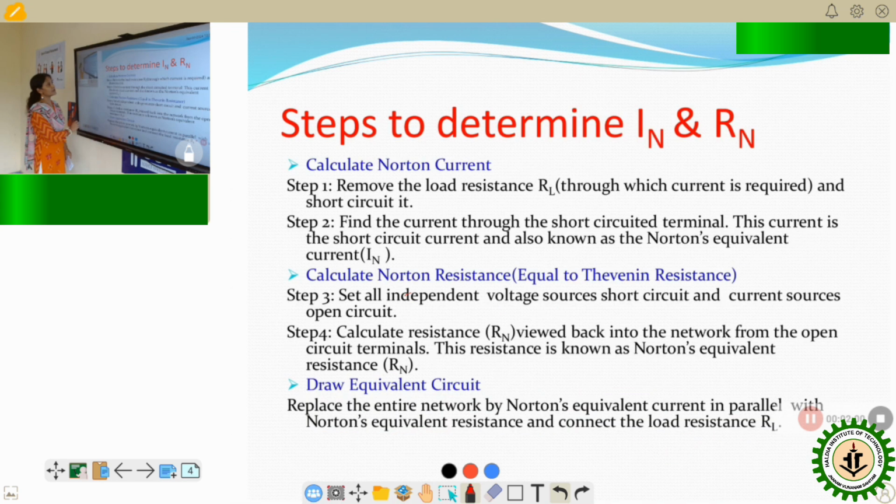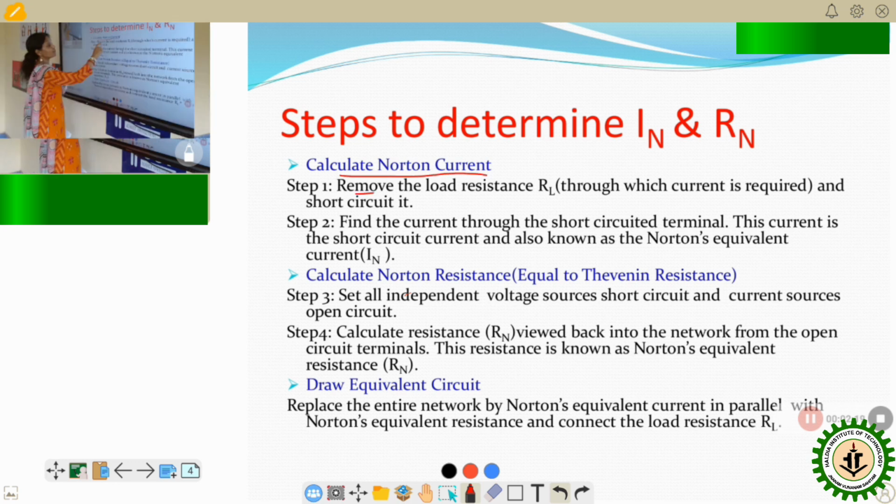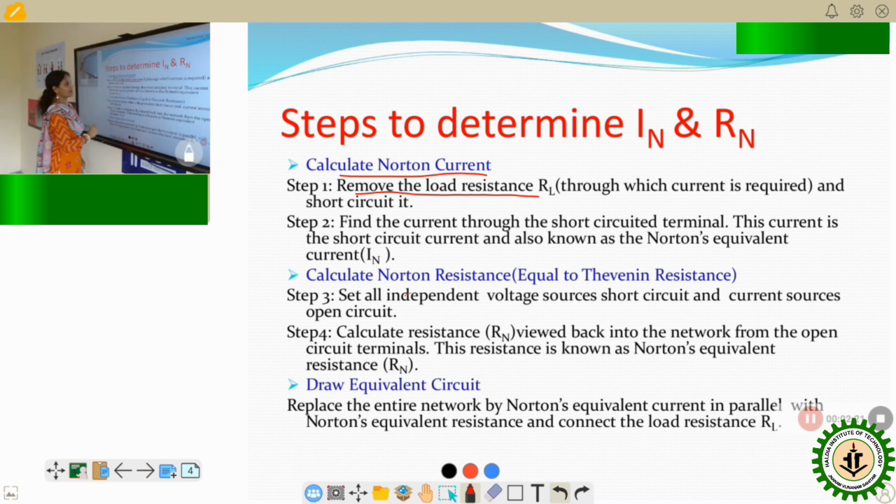Next, the steps. What are the steps for calculating IN, the Norton's equivalent current or short circuit current, and Rn, the Norton's equivalent resistor? First step, calculate Norton current. First step, remove the load resistance RL.